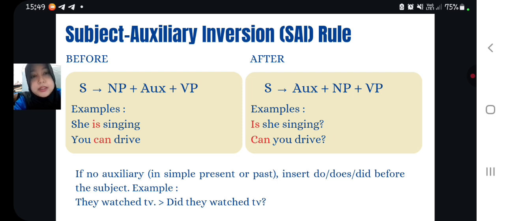For example, we add do: do they watch TV? And in the past we use did, so in the first sentence we add did: did they watch TV?